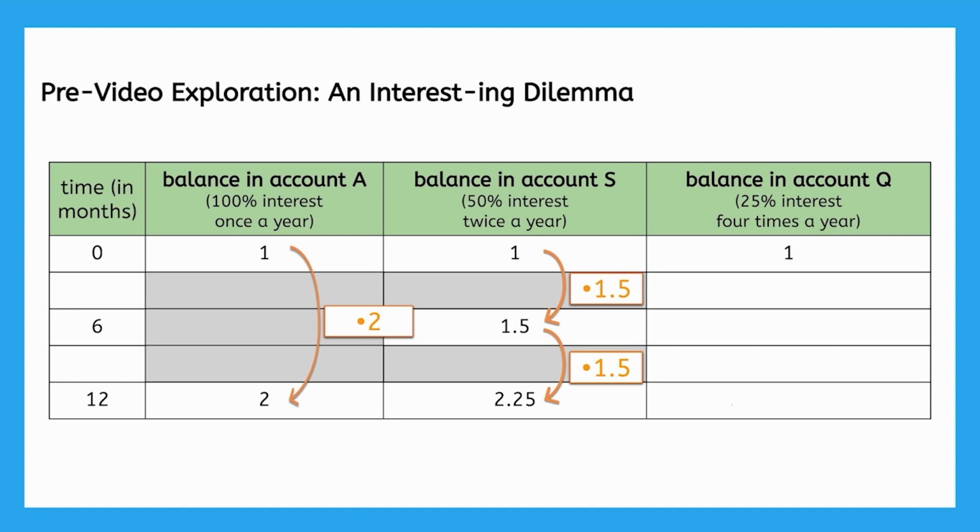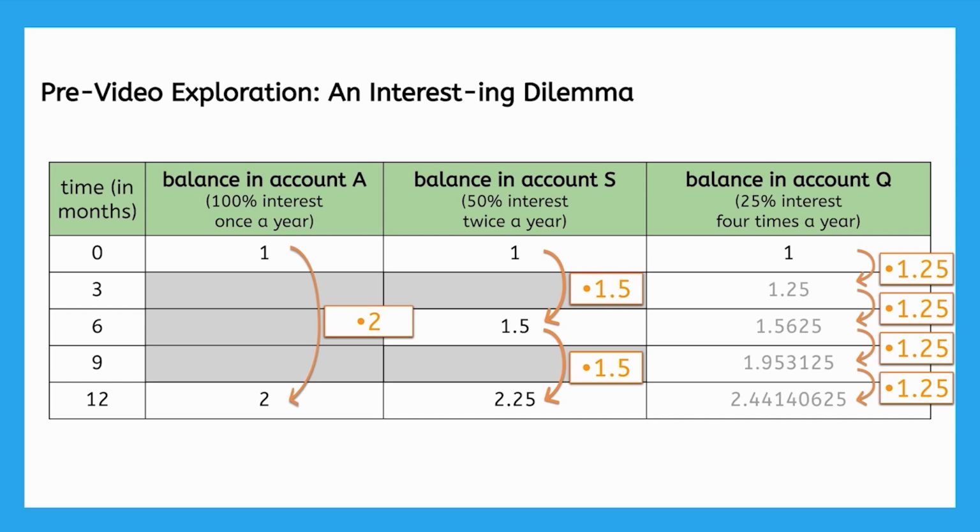Because adding interest in 2 separate instances made the second increase build on the interest already earned from the first increase. What do you predict will happen in account Q? Will we get an even larger amount? Adding 25% 4 times in a year would be equivalent to multiplying by 1.25 at months 3, 6, 9, and 12, which gives us around $2.44 at the end of the year.